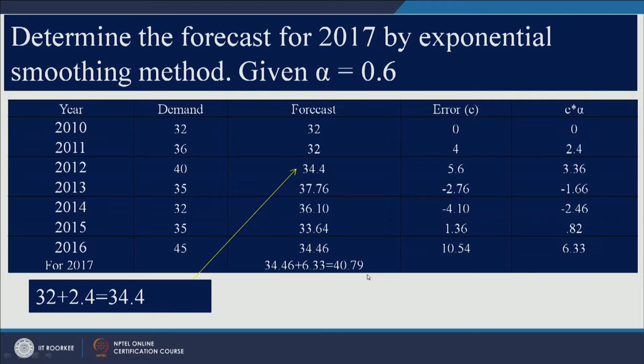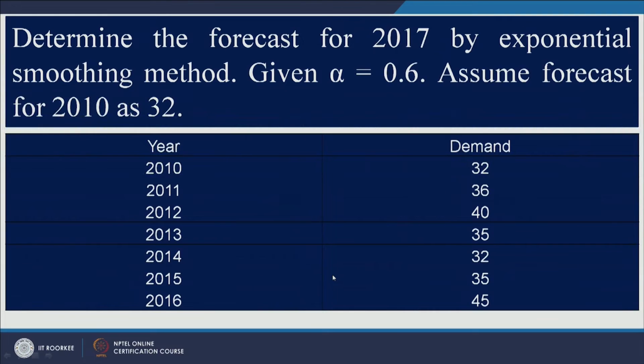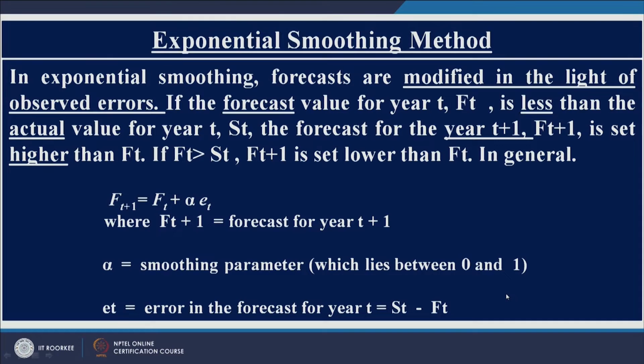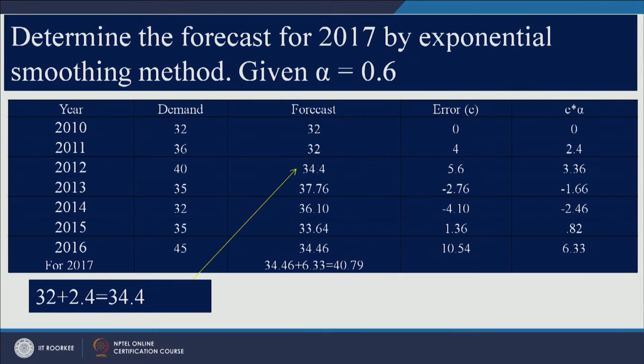So, the forecast for 2017 would be 40.79, while the forecast for 2017 by the moving average method was 36.75. So, 36.75 by the moving average method and 40.79 by the exponential smoothing method. Now, which is better?